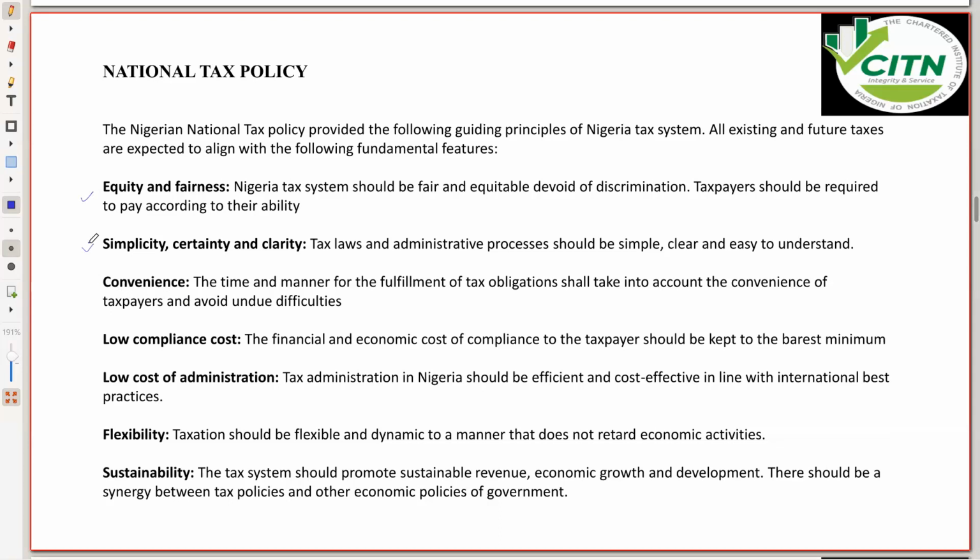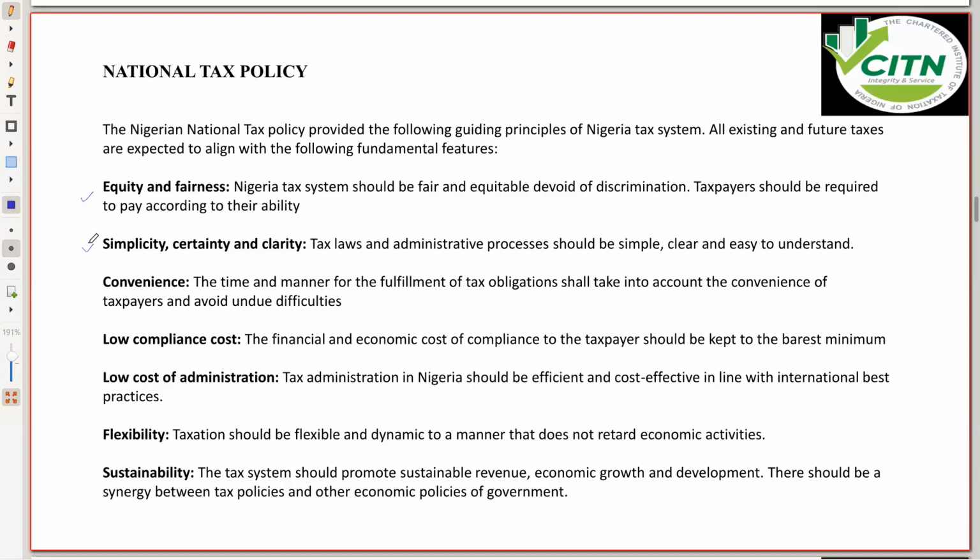Second principle is simplicity, certainty, and clarity. Any tax rule you're developing should be simple to understand. It shouldn't be one that has to undergo a lot of complex technical review by experts before you understand it. It should be something that an average person can read and comprehend.